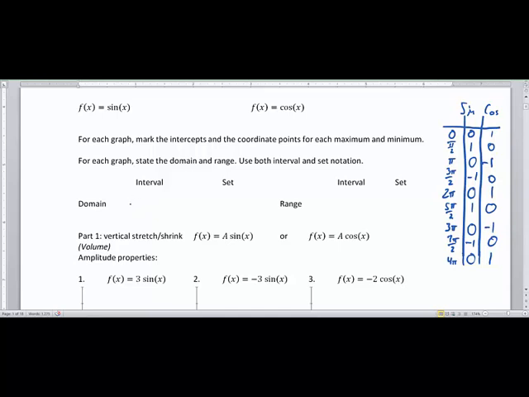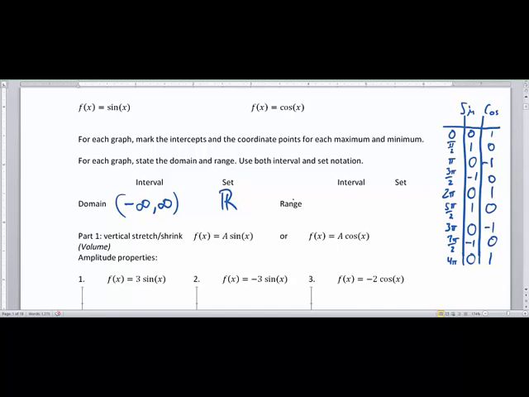So for the domain, the interval notation would be -infinity to +infinity. And in set notation, we can make it really fancy if we want to, or we just say the set of all real numbers. We've seen some set notations that say x belonging to real, but we're going to be a little bit more efficient with that.